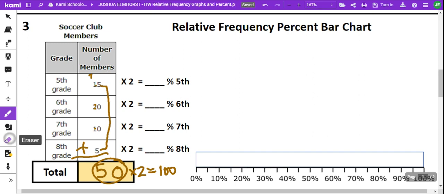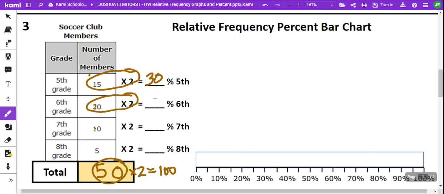So if we multiply each one of these by 2, that will give us our percent. So 15 times 2 is 30. 20 times 2 is 40. 10 times 2 is 20. And then 5 times 2 is 10.